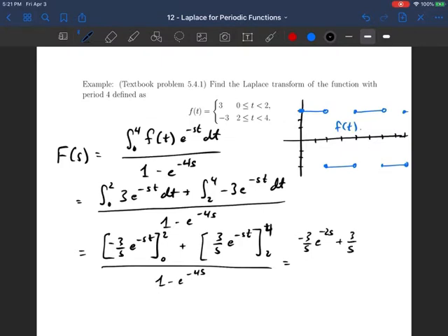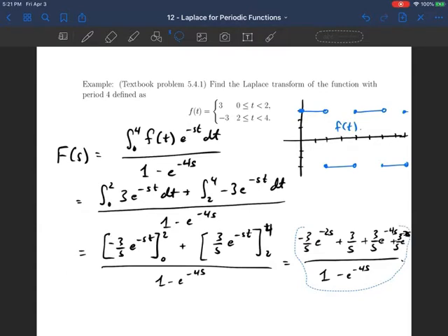We get minus 3 over s e to the minus 2s plus 3 over s, plus 3 over s e to the minus 4s plus 3 over s e to the minus 2s. Didn't quite fit it in there, but hopefully you know what I meant. Over 1 minus e to the minus 4s. And that's it. That's our Laplace transform for this function.